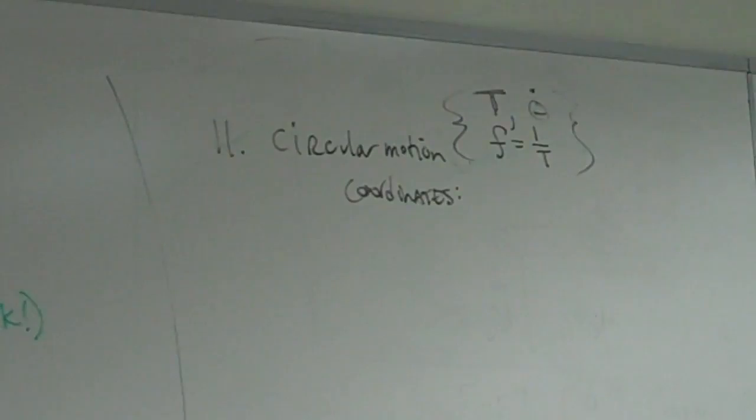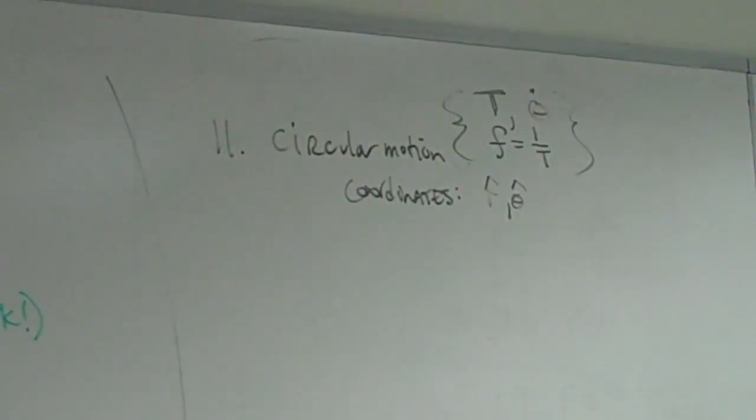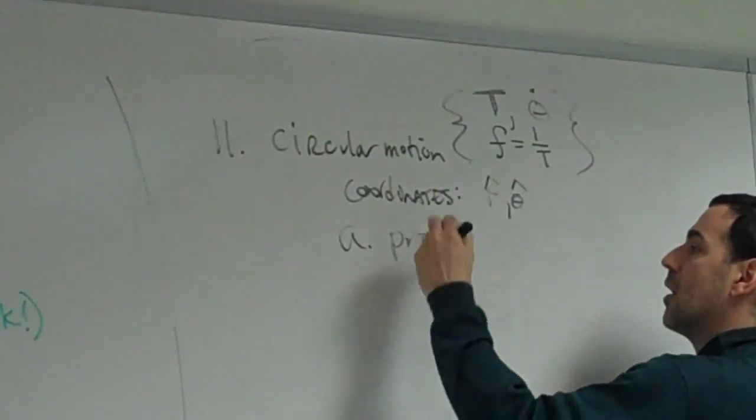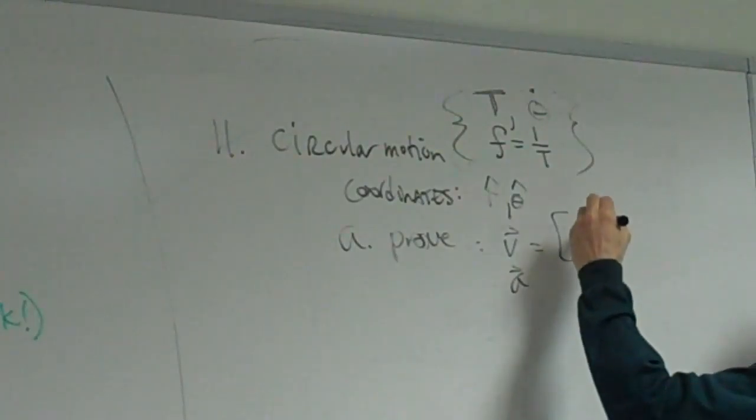And then we should be familiar with using different coordinates. You will need to use the r hat, theta hat, radial transverse coordinate system. You definitely should be able to prove relationships for velocity and acceleration.